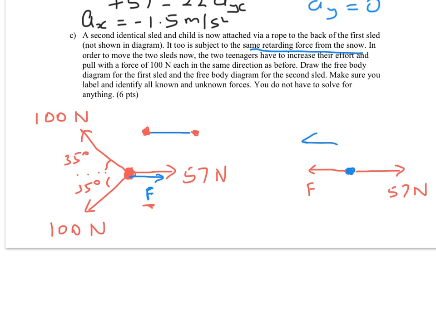Well, that's all that they want, so you would identify that. Just to be complete, you say these are forces exerted by the rope, just so that you can be clear that that's what you mean by those F. Okay, that's it. Good luck.